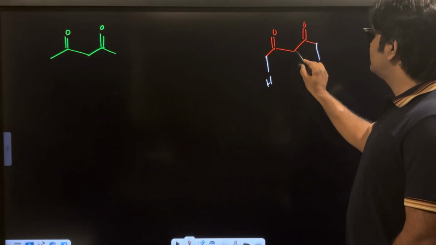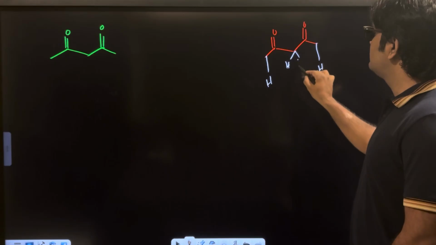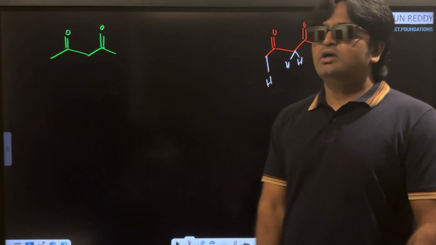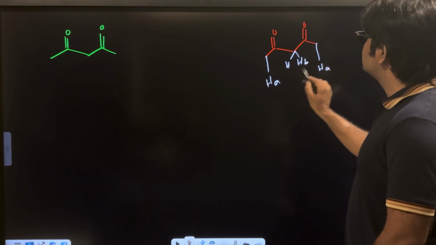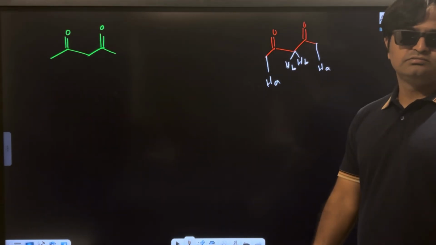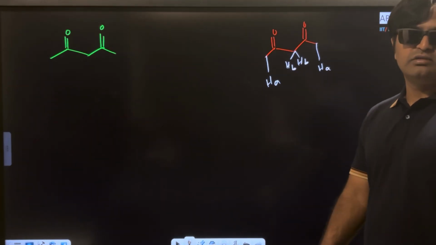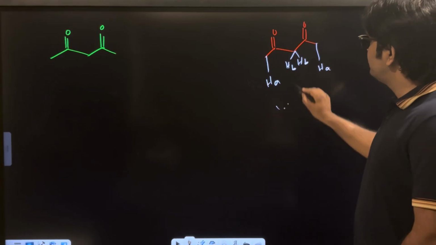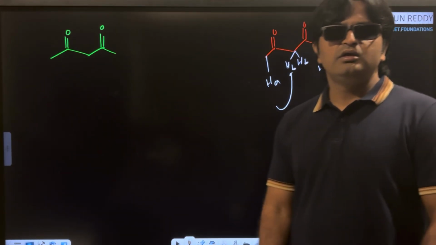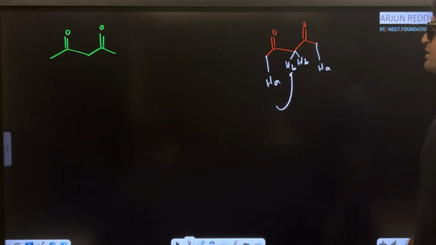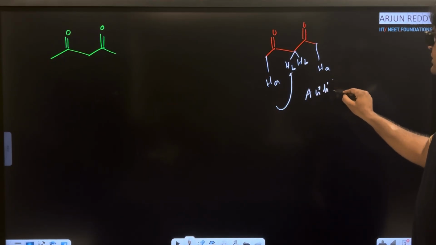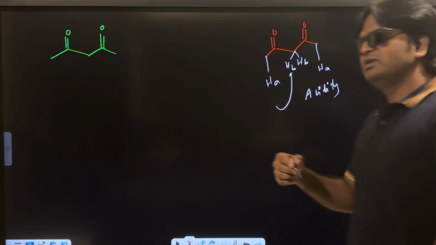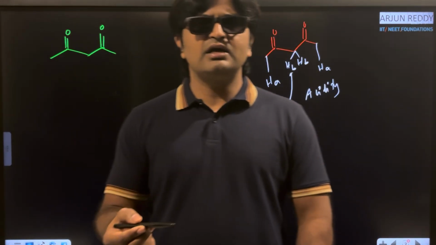And the middle carbon atom, yes, here also two hydrogen atoms are there, okay? For clarity I am calling these A protons and these protons B protons. So from where are we selecting the proton? That's very important. Yes, we are selecting the proton from B. What is the reason? The reason is the acidity of any acid, either carboxylic acid or alcohol or active CH, anything.